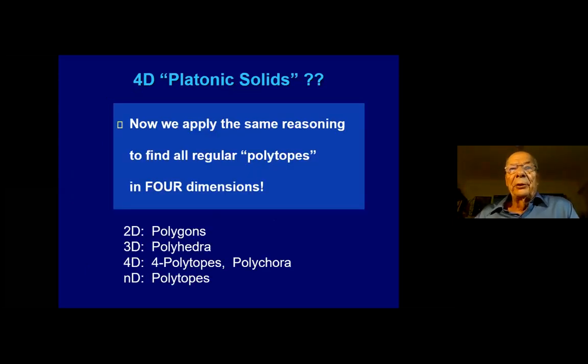Now we're truly going to step up into the 4th dimension, and we're going to try to figure out how many fully regular Platonic solids there are in 4 space. We will apply the same reasoning that we applied to see that there are exactly 5 Platonic solids in 3D space. Such 4-dimensional objects are typically called 4D polytopes or sometimes polychora.